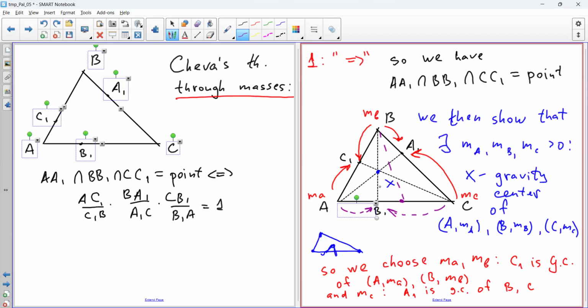And then we say that, okay, that guarantees that the gravity center of the system belongs to this segment, and to this segment as well. So they all intersect in the same point. That's it for now. Any questions?